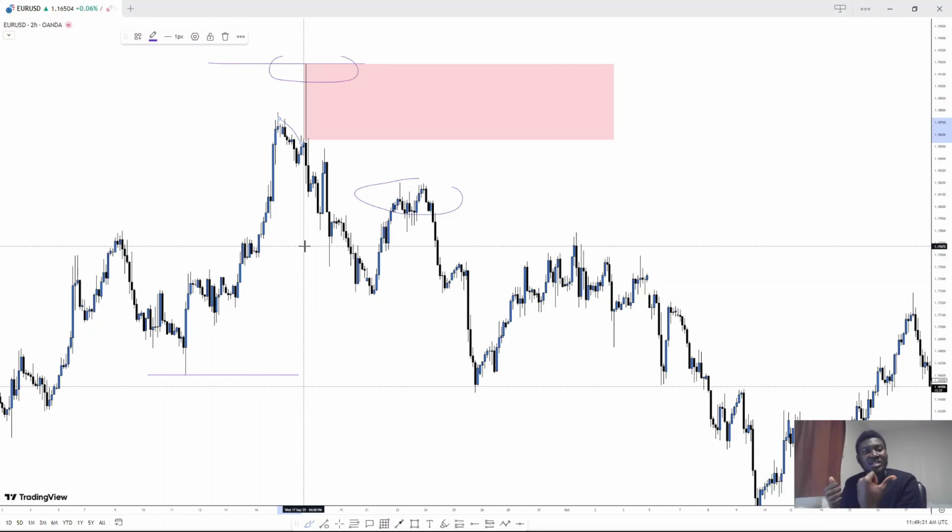The qualification says you should get a sweep. So in this case, we have a double sweep. So it means that before you draw any POI, that POI should have a sweep. It means that without a sweep, that POI is very likely to be classified as a weak POI. So now you see, I've now explained the weak POI.